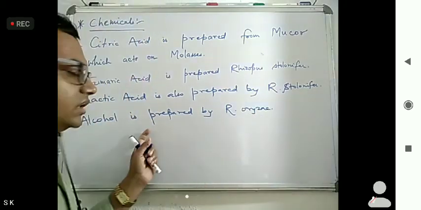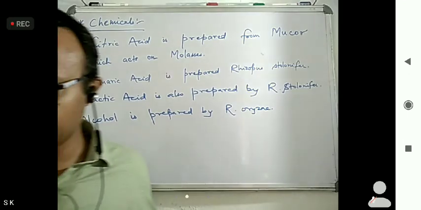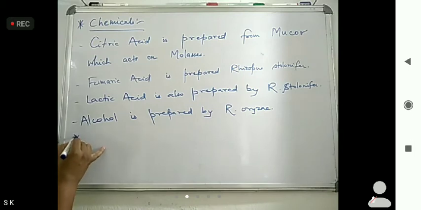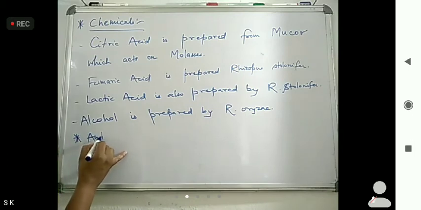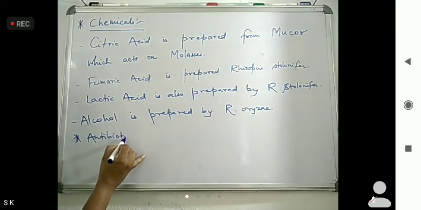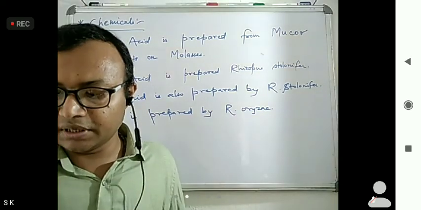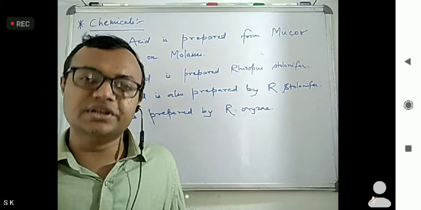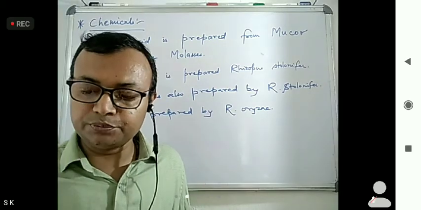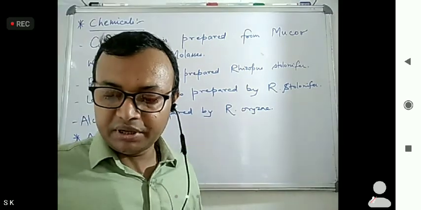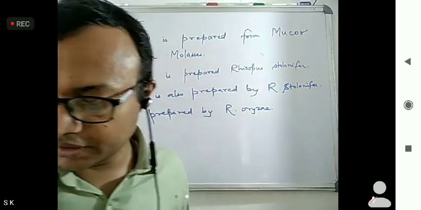Okay, so these are the chemicals that are being prepared. Now antibiotics are also there. One antibiotic is there, that name is rhamycin. So this rhamycin is prepared by Mucor rhamnosus.